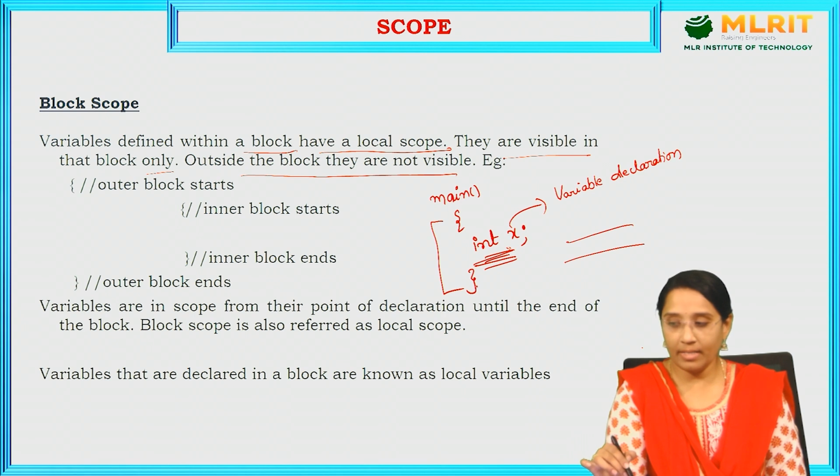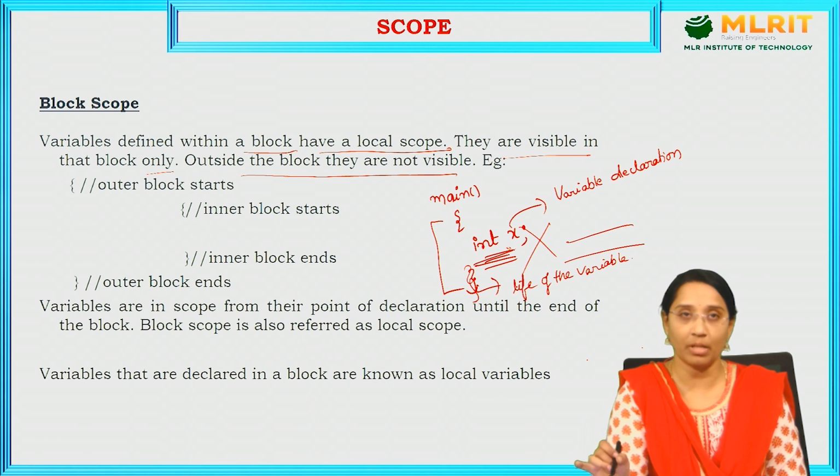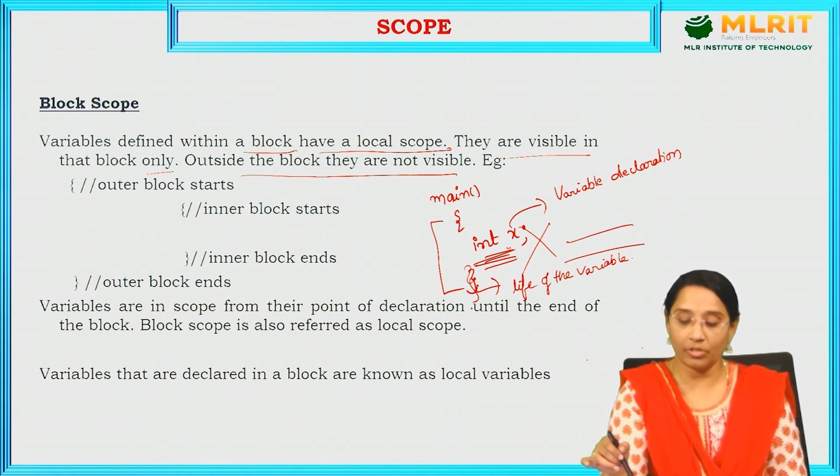Until this brace gets closed, the lifespan of this variable will remain. After this brace gets closed, the variable will be freed from the memory. So, variables are in scope from their point of declaration until the end of the block.